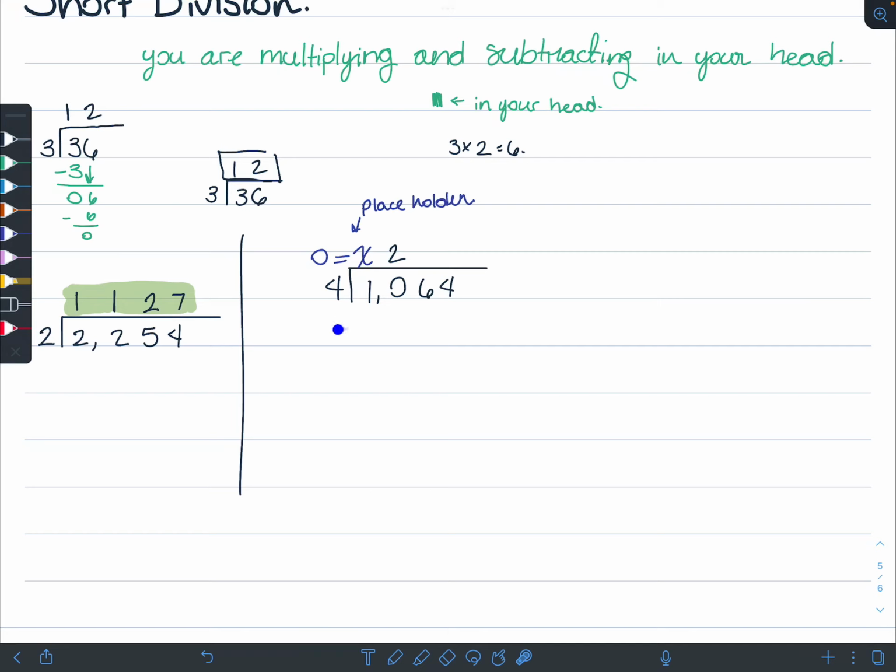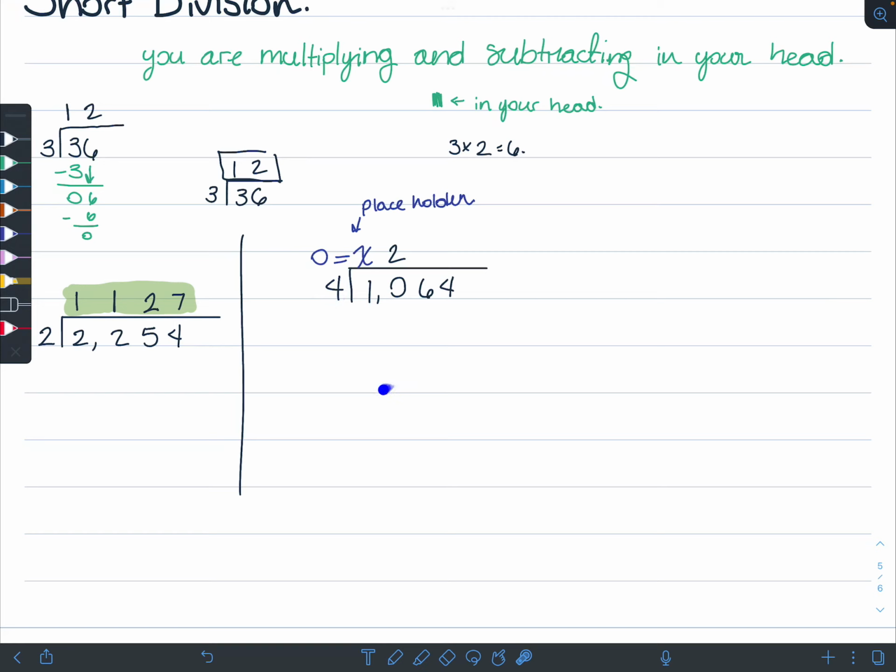In our head, we're saying, okay, 10 minus 8 gives me 2. So we have this 2 down here. What's our next step? Bring down the 6. Now we have 26 down here.